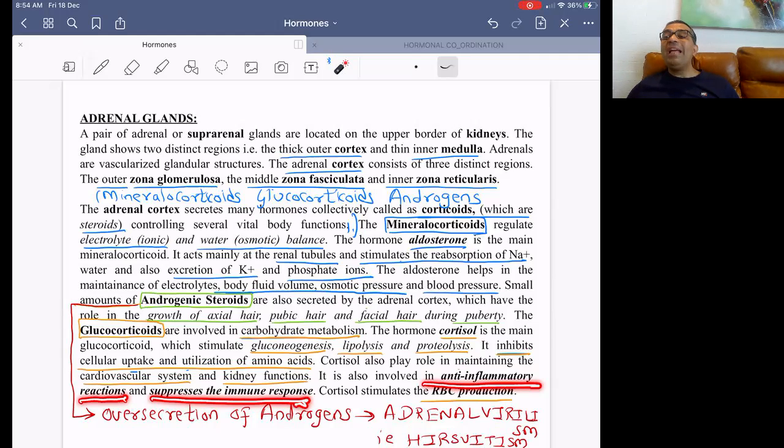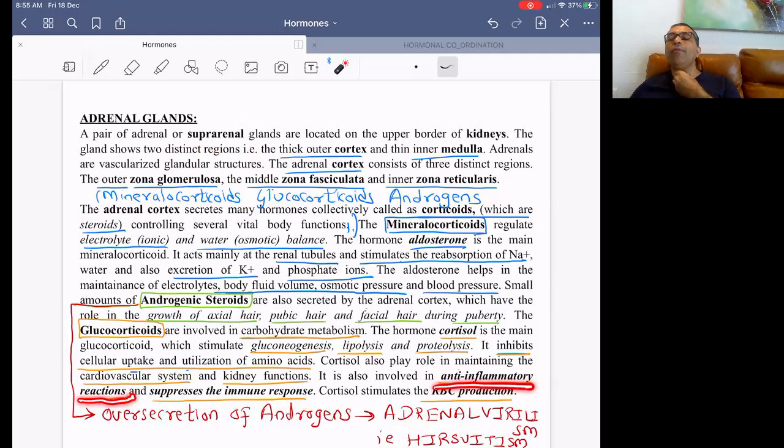Which steroid injection is given? Cortisol, which is a steroid, is given because it has anti-inflammatory reaction and it will reduce the swelling in your knee joint. तो आपके knee joint का swelling reduce होता है.